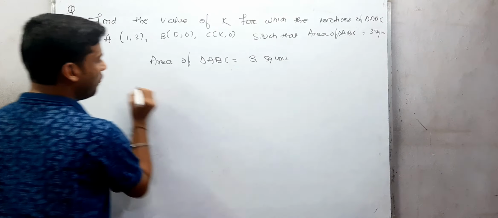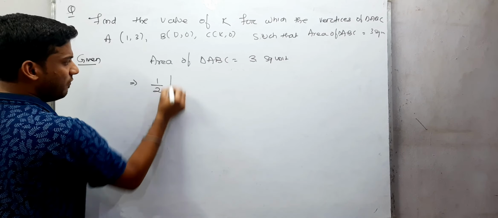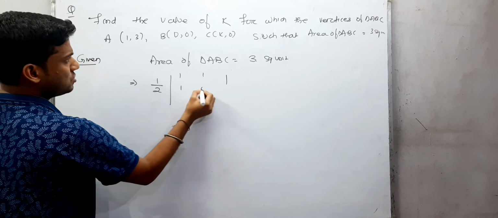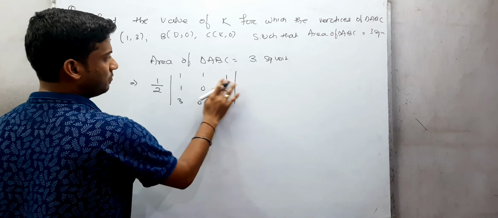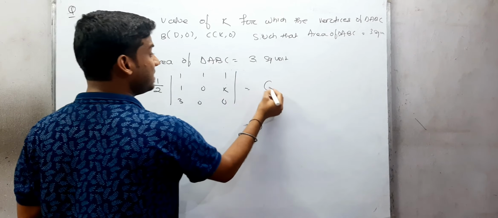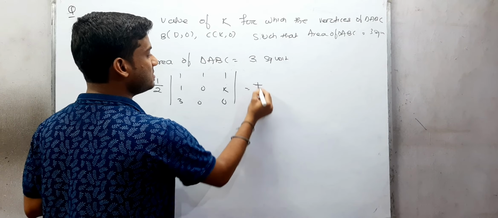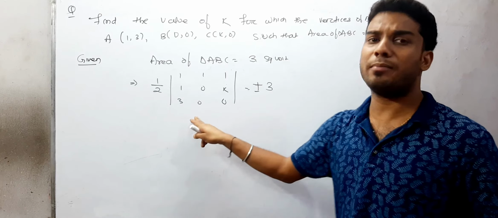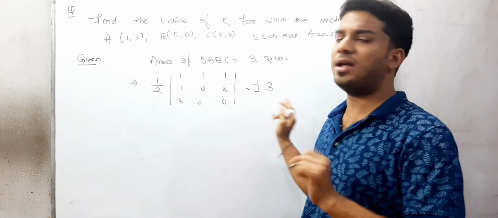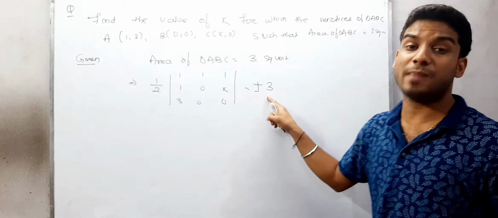What is the formula here? 1 by 2 times the determinant of 1 1 1; 1 0 k; 3 0 0 is equal to plus minus 3, because we are taking the area as positive. The determinant may have a positive or a negative value, that's why I have taken plus minus 3.